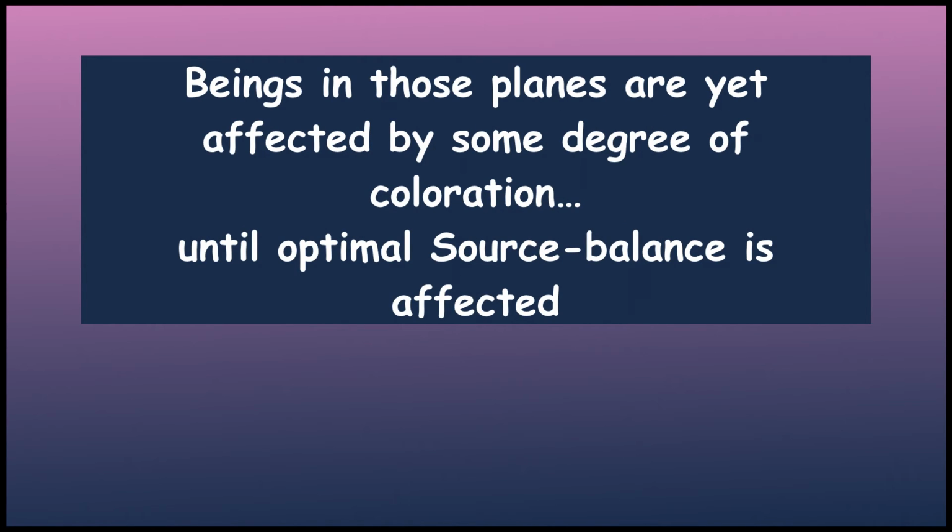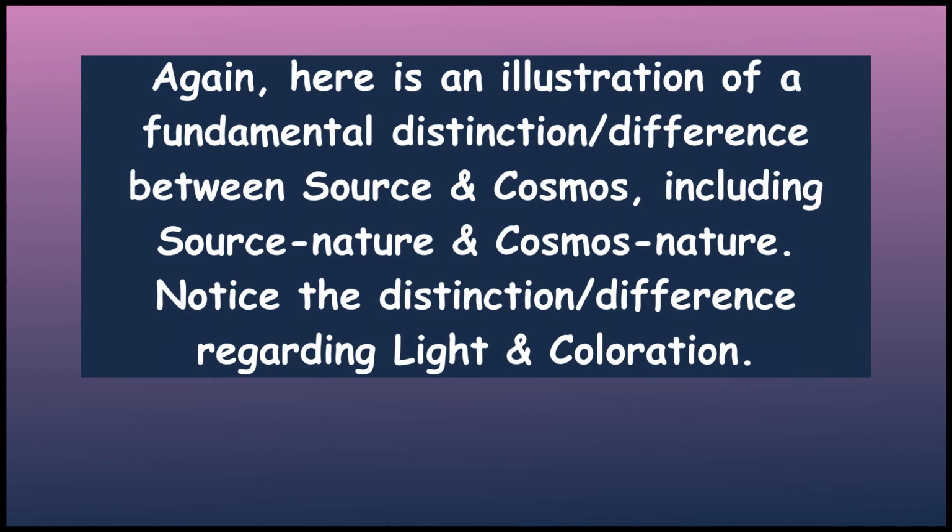Beings in those planes are yet affected by some degree of coloration until optimal source balance is effected. Again, here is an illustration of a fundamental distinction or difference between source and cosmos, including source nature and cosmos nature. Notice the distinction or difference regarding light and coloration.